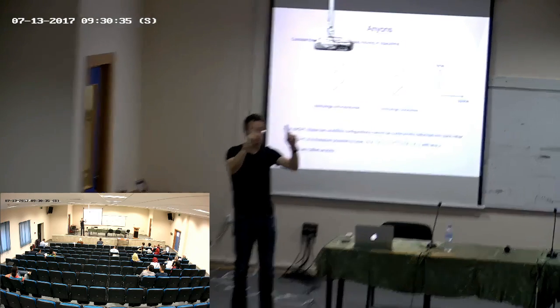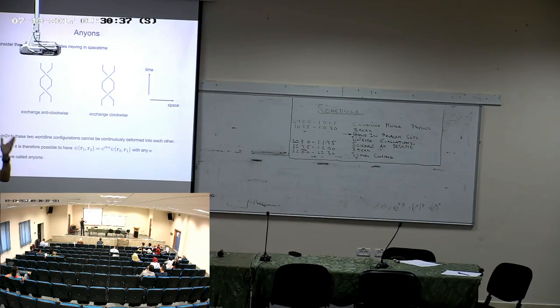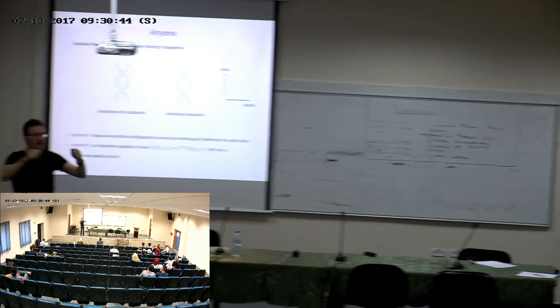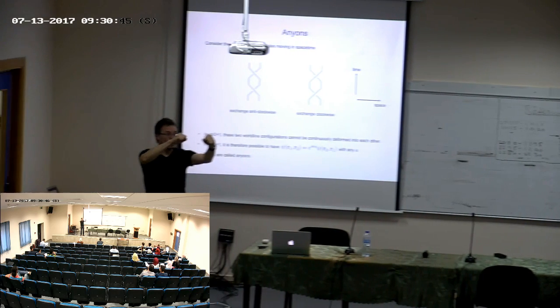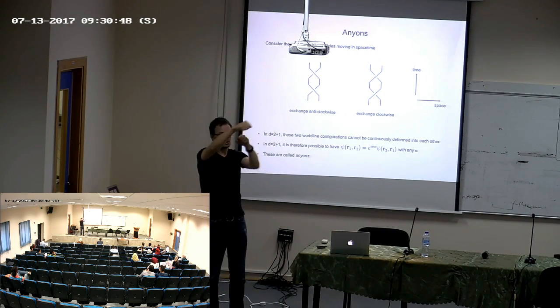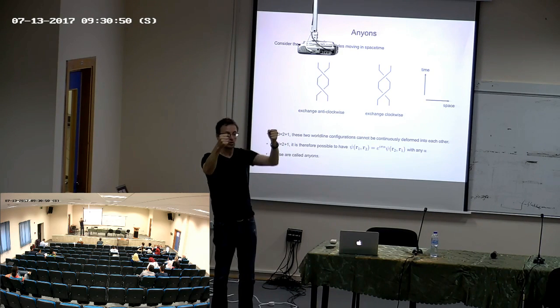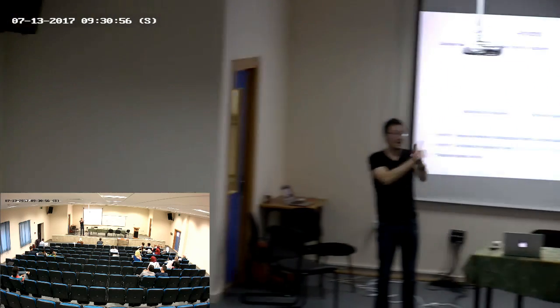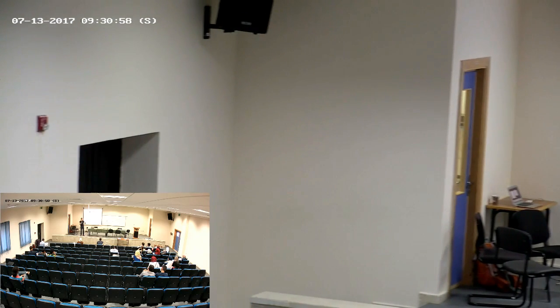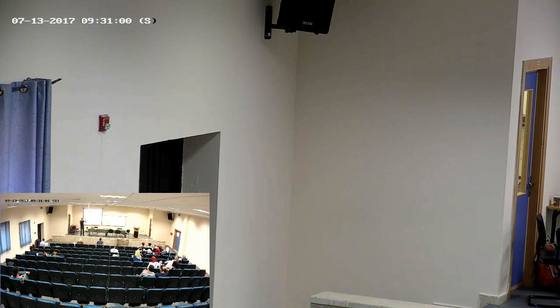Now, in three-dimensional space, those two options are actually the same, because if I do one, think about the world lines of the particles as things getting tangled. If I do one, I can always kind of change the world lines around and get them to look like the other in three-dimensional space. But in two-dimensional space plus time, there's an actual topological difference between winding this way and winding this way.